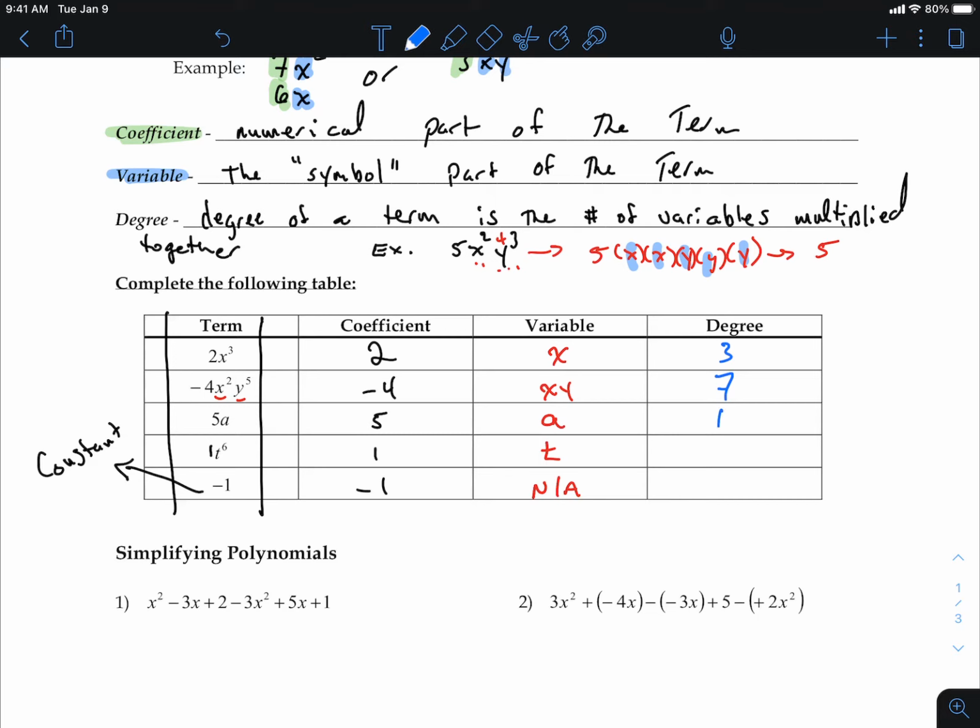What about this one? The fourth one down would be 6, right? Because there's 6 t's. And then the last one, there are no variables, so there cannot be a degree. So it's not still 1. No, because there's no variable.